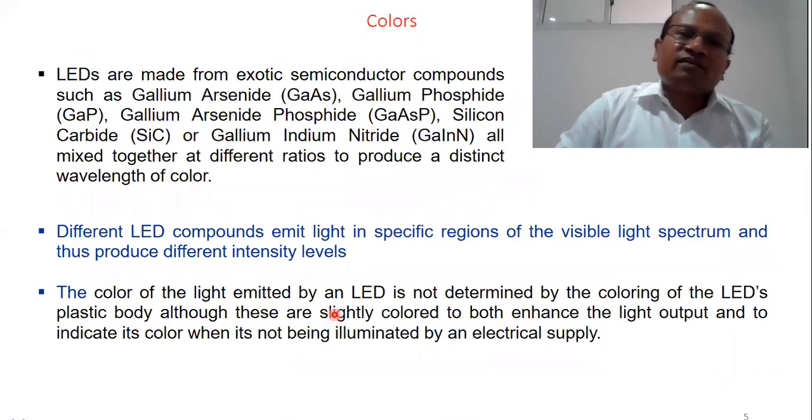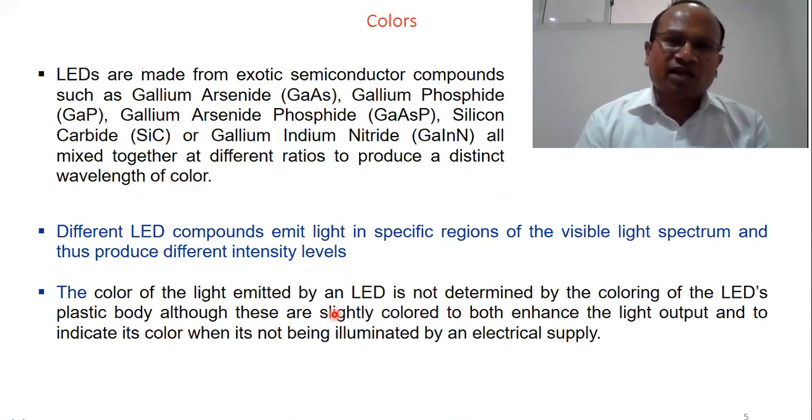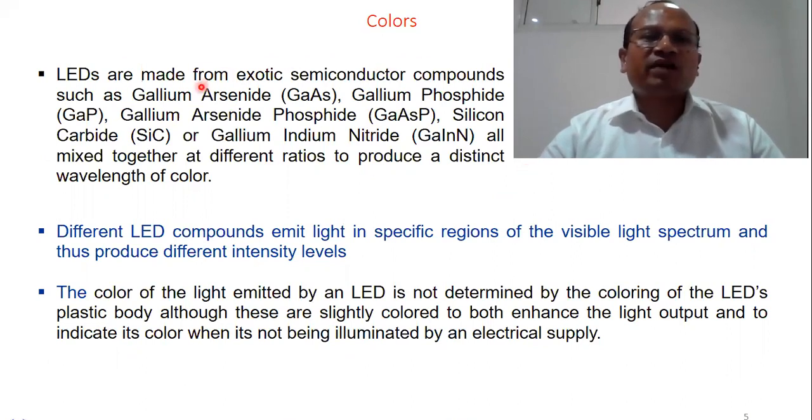As I told you, there are materials which are different from the materials used to construct ordinary diodes. In this slide, you can see here, LEDs are made from exotic semiconductor compound materials such as gallium arsenide, GaAs, gallium phosphide, GaP, gallium arsenide phosphide, silicon carbide, indium nitride.